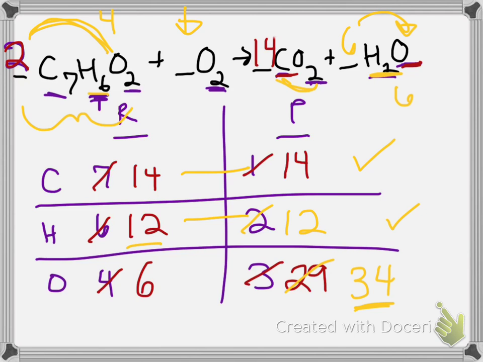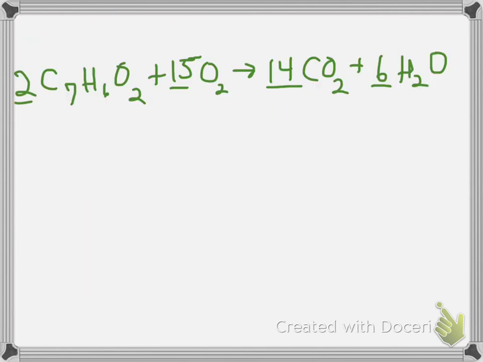So something times 2 has to equal 30, so 15 times 2 will equal 30. So now from here, we have 4, and from here, we have 30, so we have a total of 34. So now we are all balanced. And our final equation should look like this.